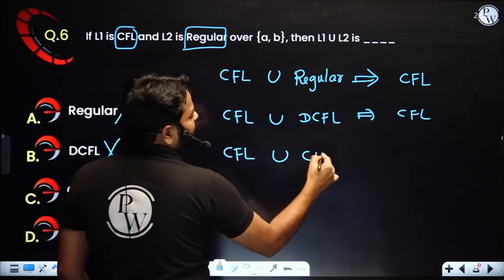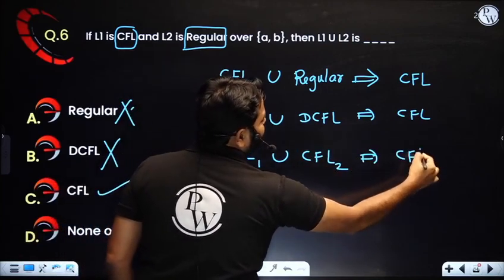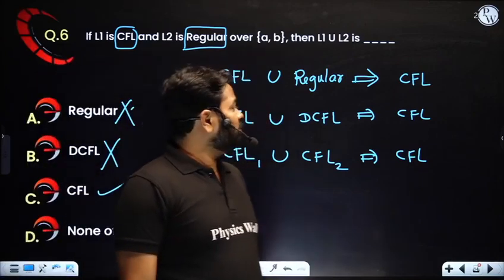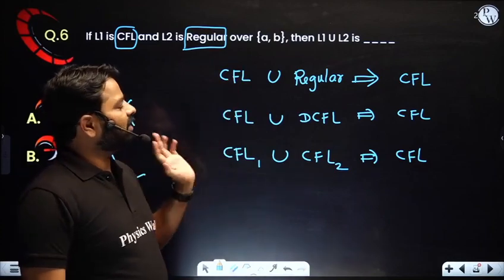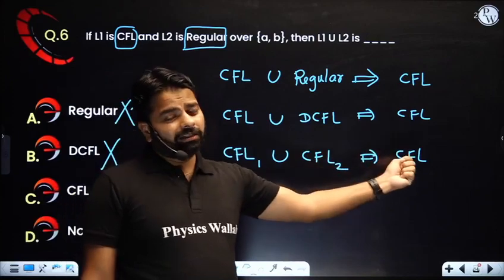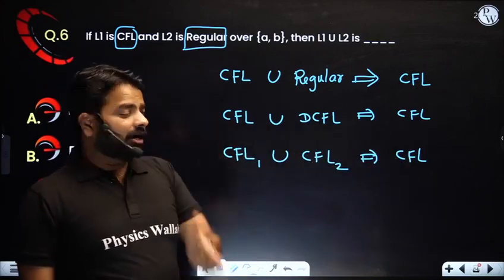CFL union CFL, okay, it's again CFL. Fine. As you know, there are proofs for this. You can write a context free grammar for the first operand, you can write a context free grammar for the second operand, and you can get the result by using the grammar with the help of S1 bar S2.